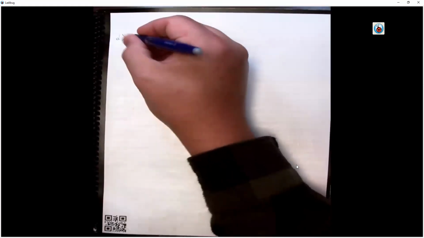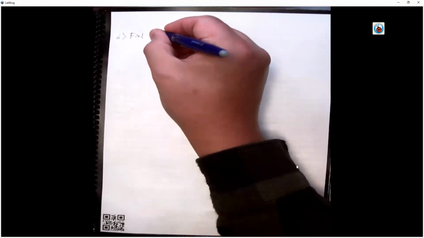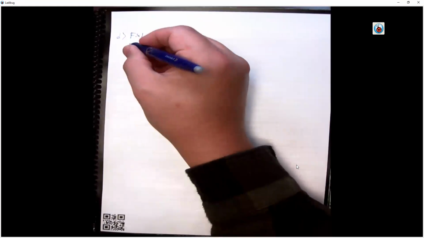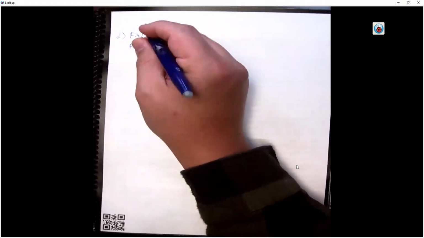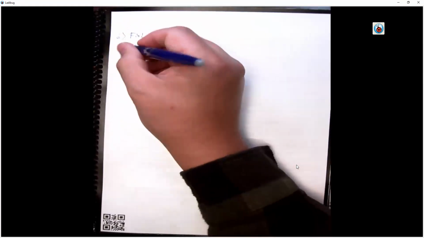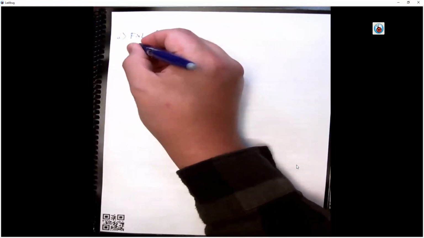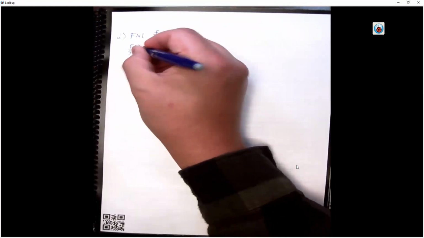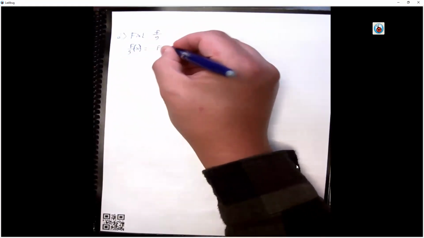All right, so part D then. So f of x over g of x will simply be the division of both functions.